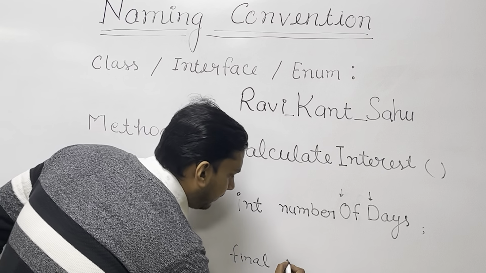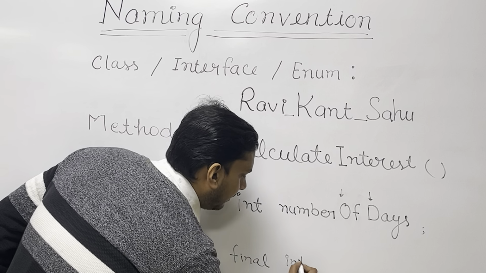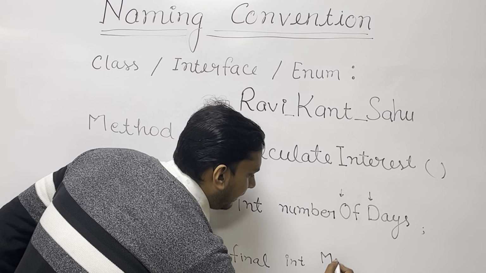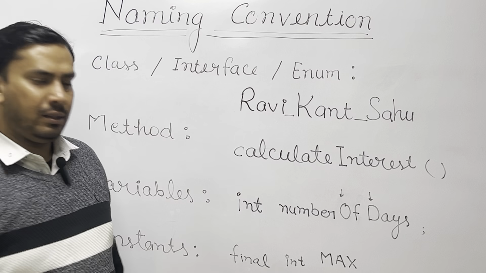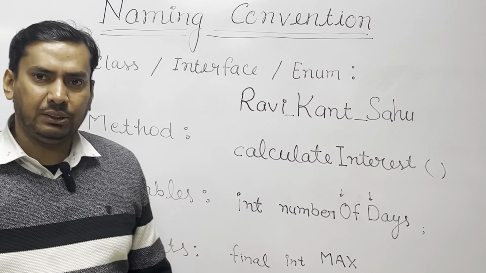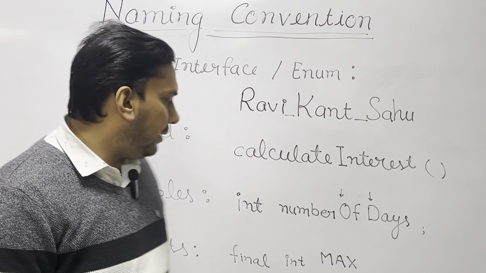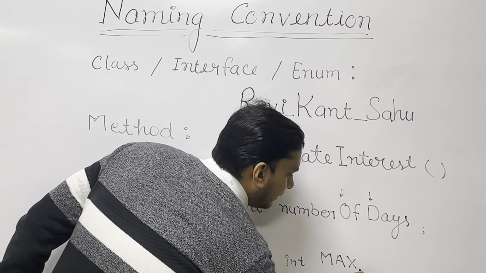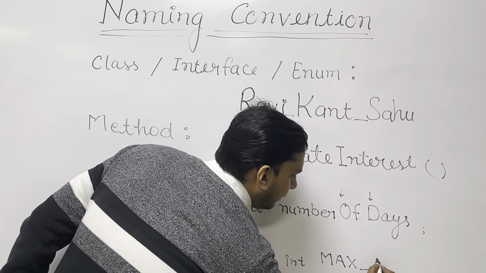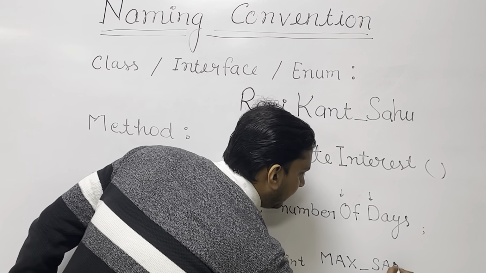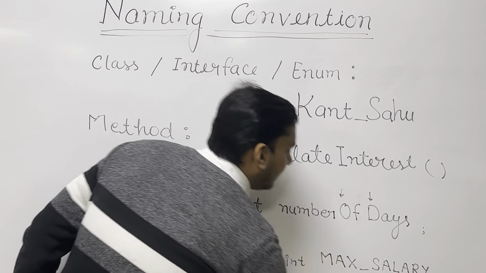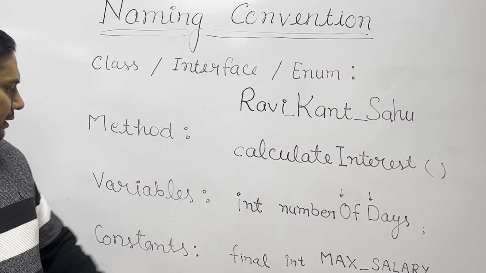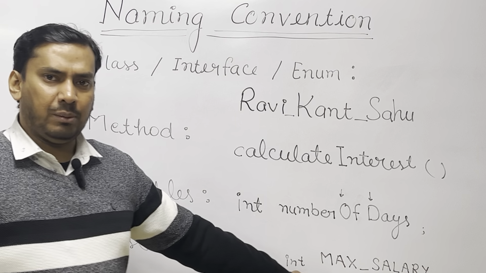So final int MAX. If I have to declare a constant max salary, I will write MAX, and since I want to use an underscore, you can write MAX_SALARY. This is how the naming convention for constants is all uppercase.